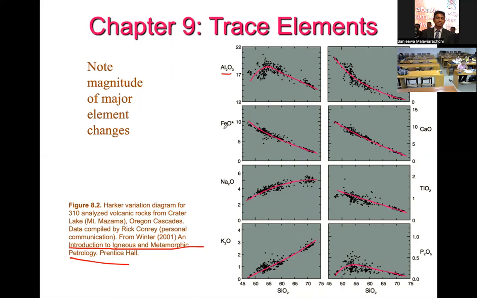So aluminum, iron, sodium, potassium, they are major elements, but you can see their contents. Originally, for example, sodium is like 3% or so, 2.5 or something like that. And after crystallization or melting or whatever the process, you can see a huge range of silica composition here, from 45 to 75.